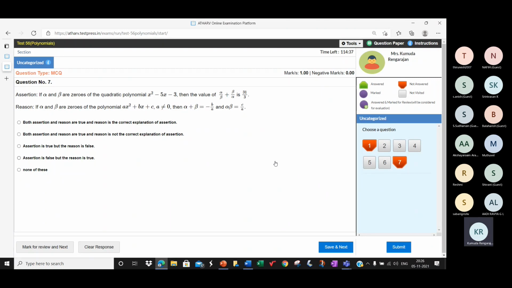So it's minus 31 by 3, not simply 31 by 3. So the assertion is false, but the reason is true. Which is the correct option? D, assertion is false while the reason is true.